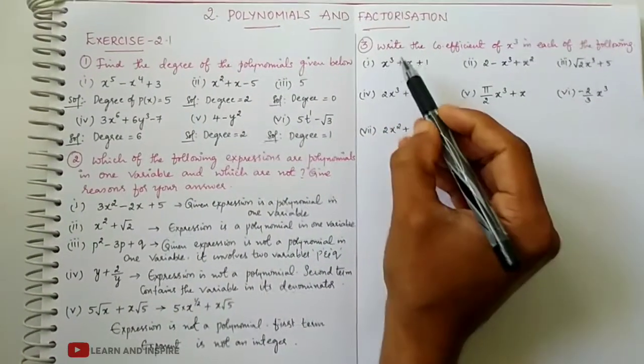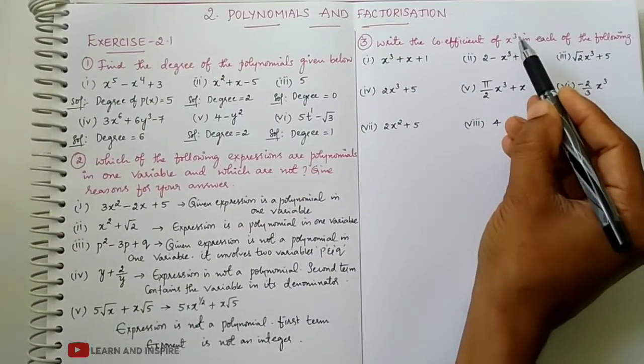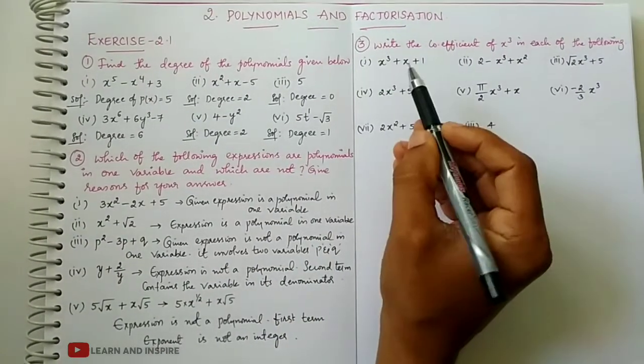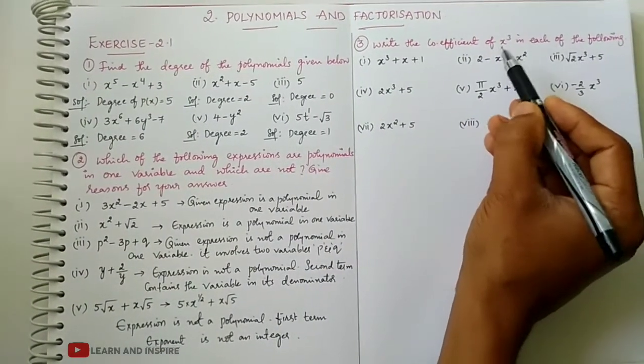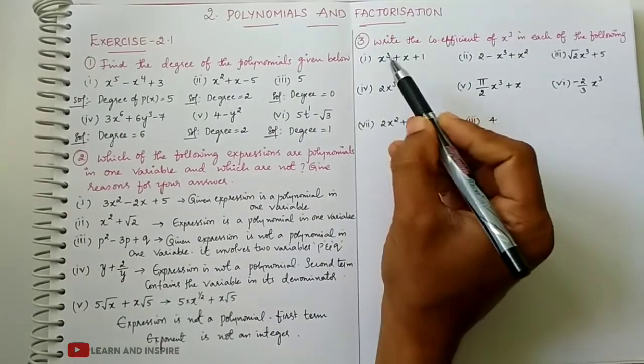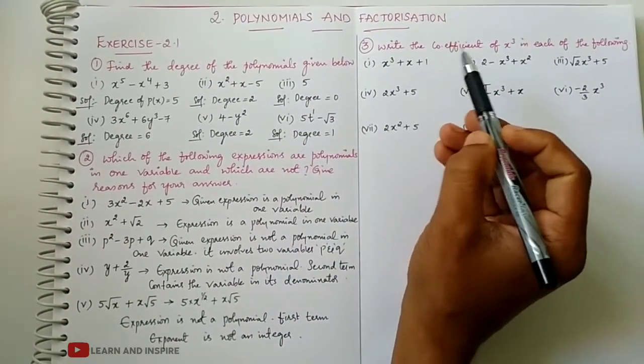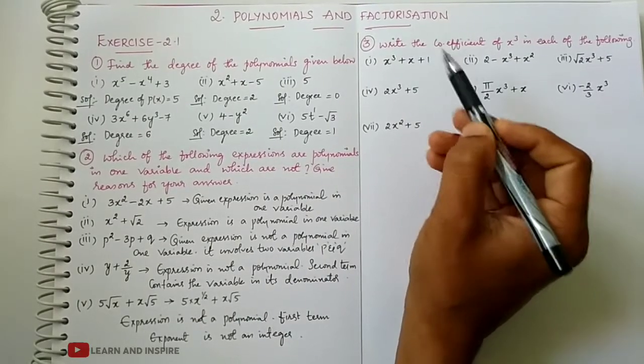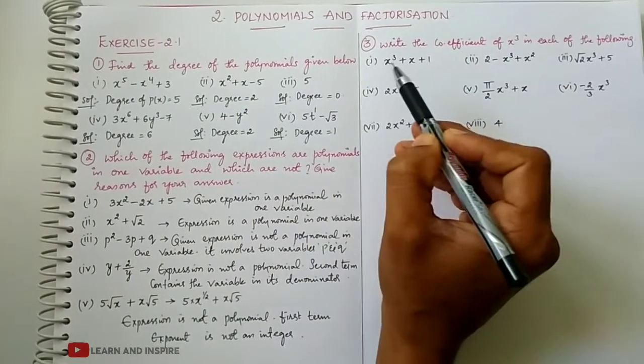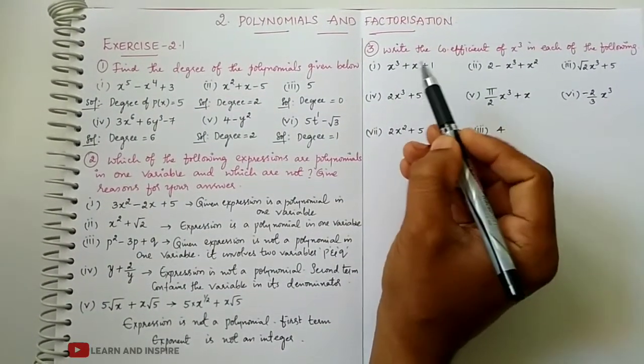Third question, write the coefficient of x cube in each of the following. So we have to write the coefficients of x cube. First one, x cube plus x plus 1. To find the coefficient of x cube, what is the coefficient? Coefficient is nothing but the constant before the variable.